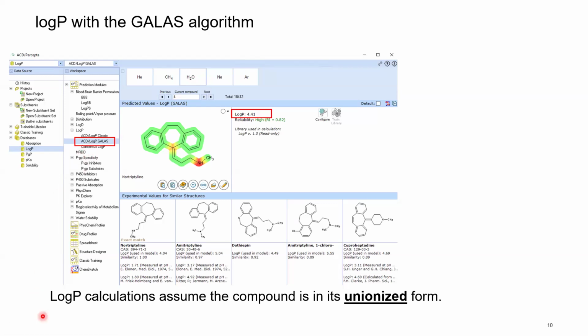But remember, log P calculation assumes that the compound is in its unionized form. And here we clearly have a basic center. That's why the first question would be, what is the pKa of this basic center? Typical exam question.